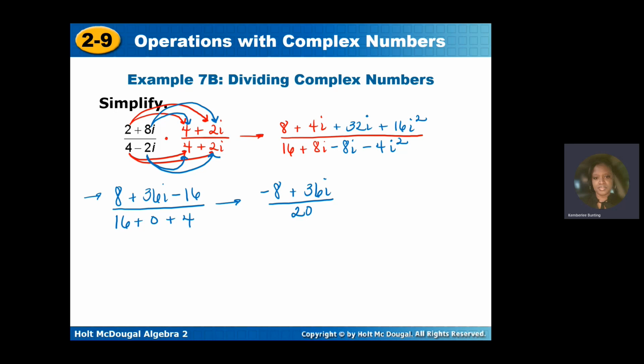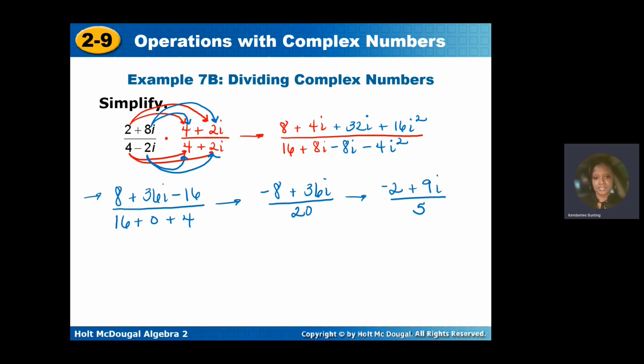Now, negative 8, 36i, and 20 all have a common factor. What is it? It's 4, the greatest common factor. So if I divide each of these elements by 4, I would get negative 2 plus 9i over 5, okay?